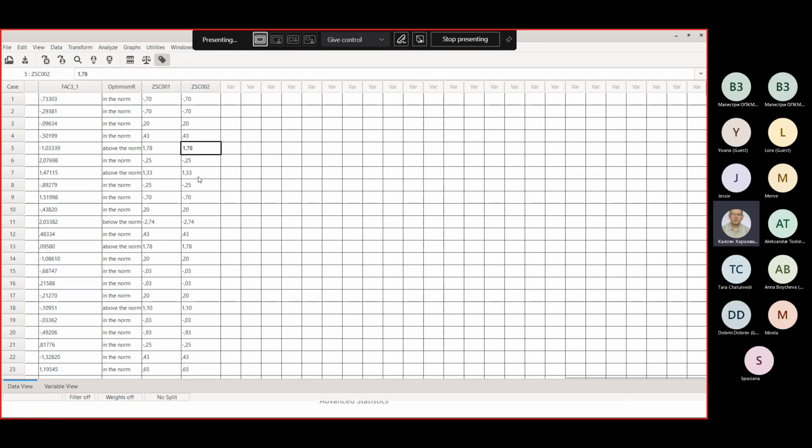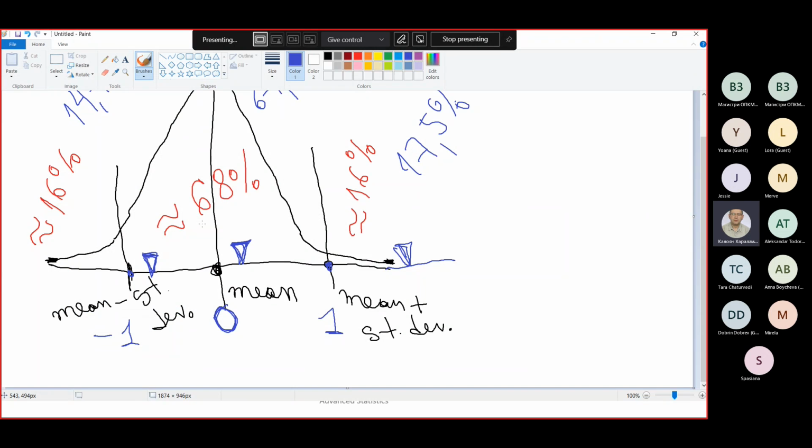The 11th individual here is minus 2.7. Minus 2.7 is less than -1, so this individual is below the norm, and minus 2.7 is out of screen, maybe here.